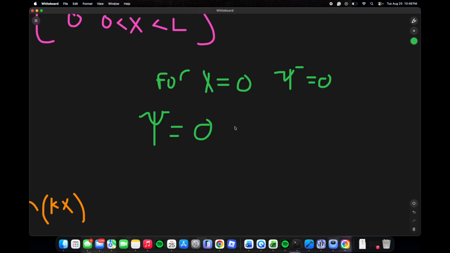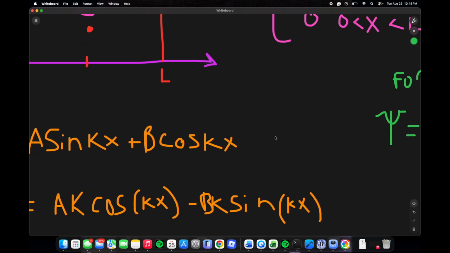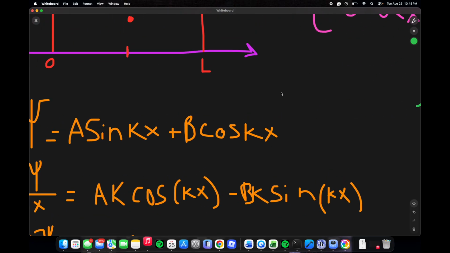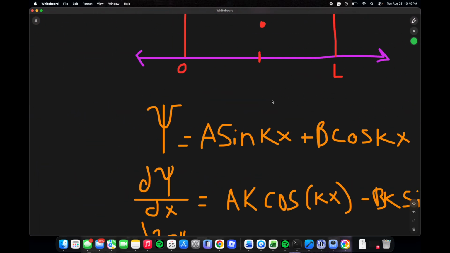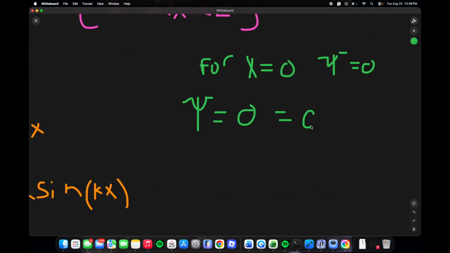Okay, so if the wave function equals 0, well, let's think about it. If we plug in cosine of 0, well, then we get b. And if we plug in, for x, 0, sine of 0 is 0. So this is 0 plus b. And that tells us that b is simply equal to 0.